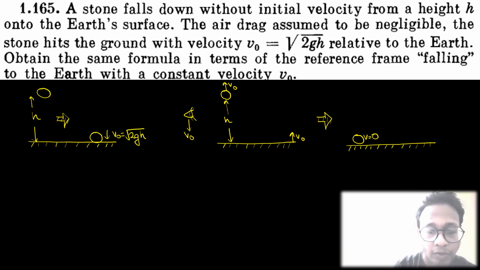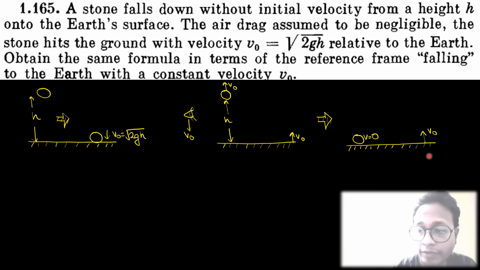What was the velocity of earth finally? The velocity of the earth finally would be v naught upward, because even finally the earth was at rest when the ball collided with it. So can I apply work energy theorem from this observer?